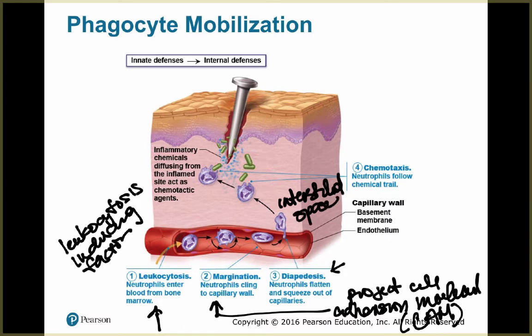And then the last point is chemotaxis. These inflammatory chemicals act as chemotactic agents that promote positive chemotaxis of neutrophils towards the injured area. So basically what these chemotactic agents do is wave neutrophils to the site where the damage is happening.